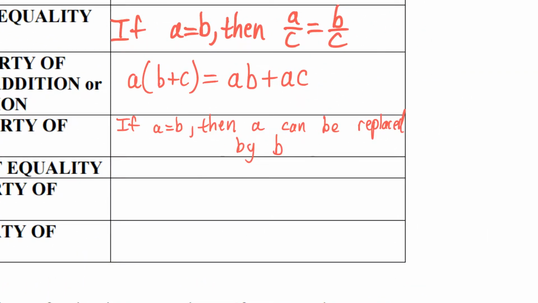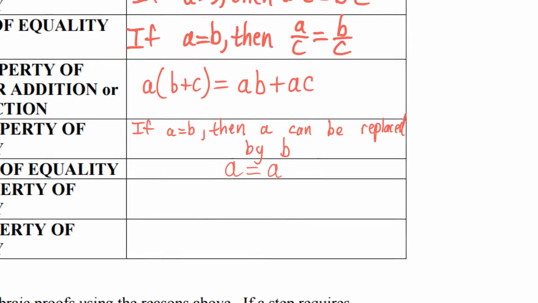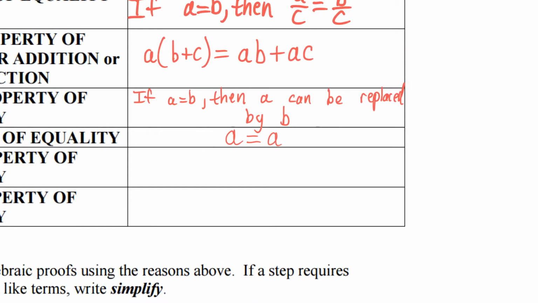Now this one seems weird, but it just says that A equals A. Anything equals itself. We don't really need that for what we're doing today, but in a couple of weeks when we're talking about triangles being congruent to each other, we will need this property right here. Anything's congruent to itself.